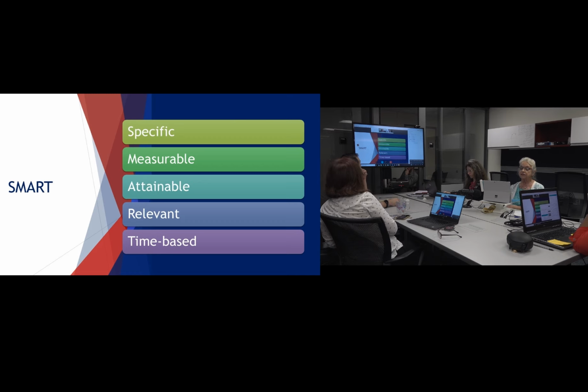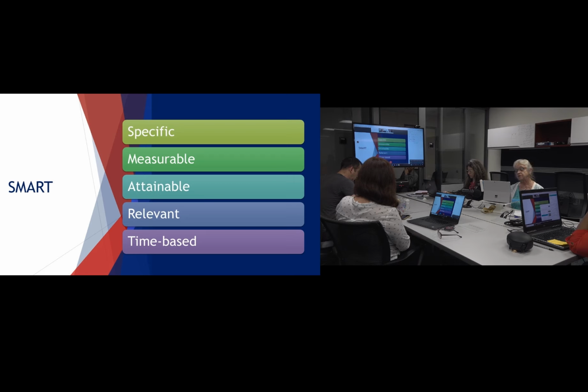So this is another one of the tools that is used, acronyms. We're loaded with acronyms in the field of education to help us remember the components of what those objectives need to be. Specific, absolutely directed to, now this is module level objectives, directed toward exactly what should be happening. Measurable, what's going to be the evidence that the student provides in order to know that they've accomplished that objective.